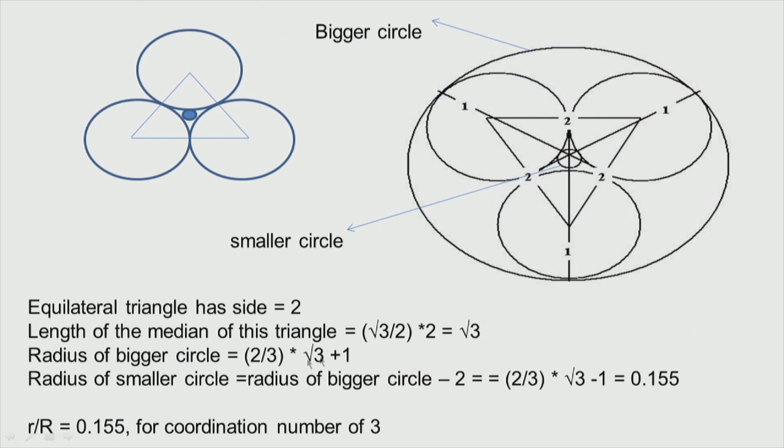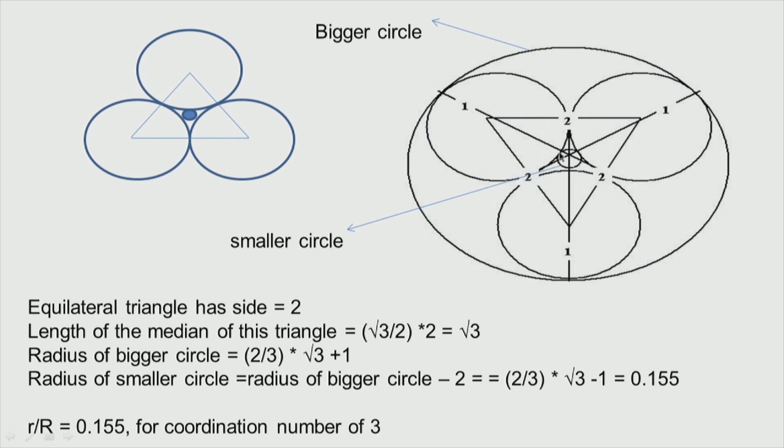Median is square root of 3, so it is 2 by 3 into square root of 3. Now once I know the radius of the bigger circle, the radius of this smaller circle is the radius of the bigger circle minus this. The radius of the bigger circle minus this is 1 plus 1, 2, that is the diameter of this circle. So the radius is given by 2 by 3 into square root of 3 minus 1, because this plus 1 and this minus 2 goes to minus 1, so it is 0.155.